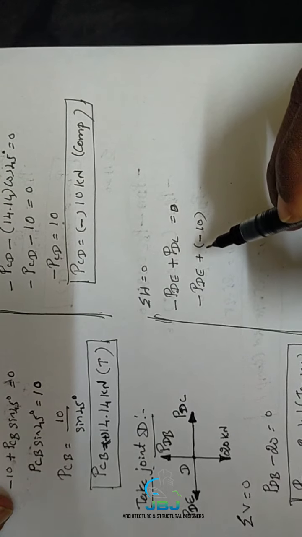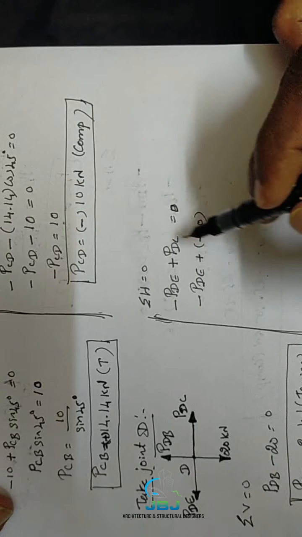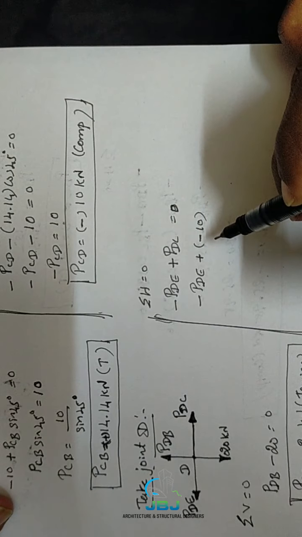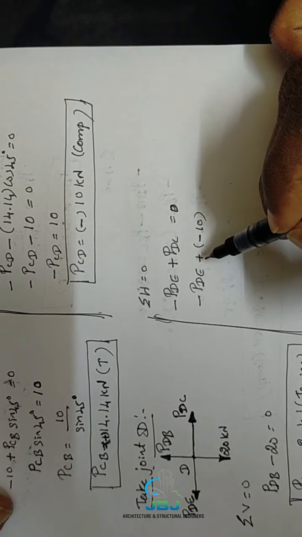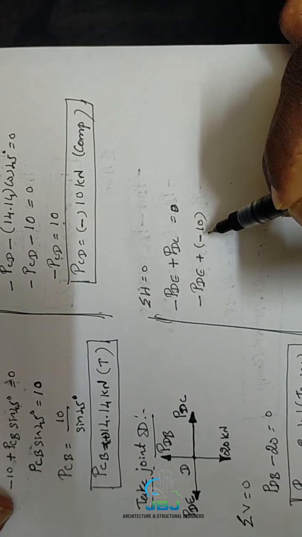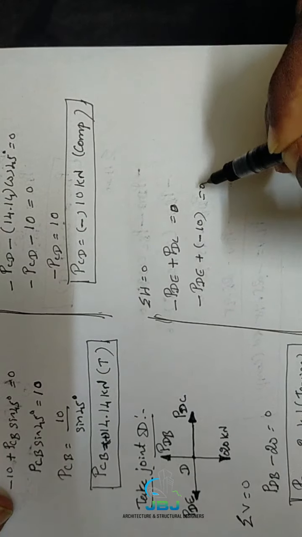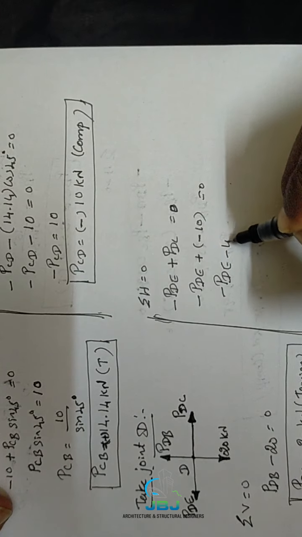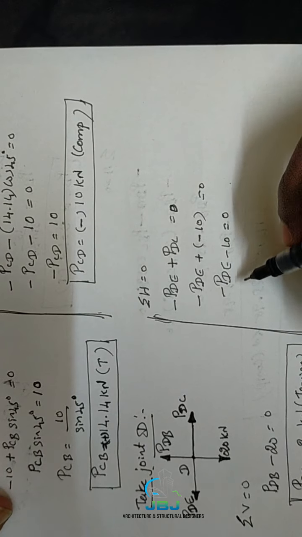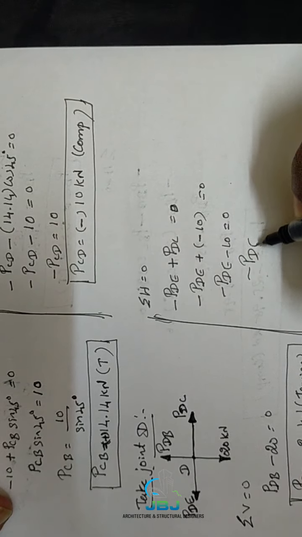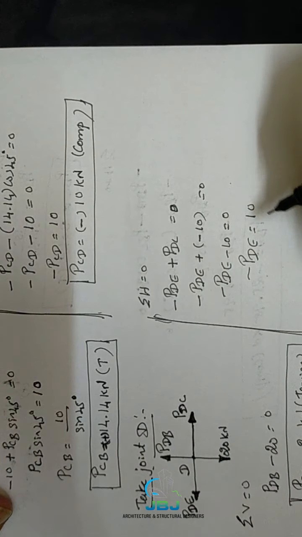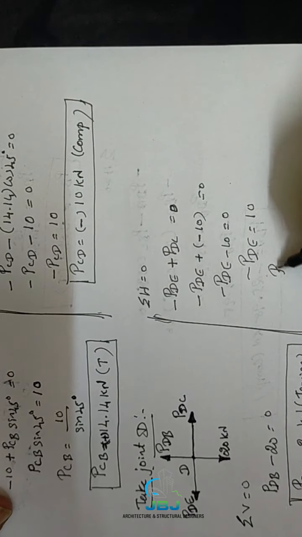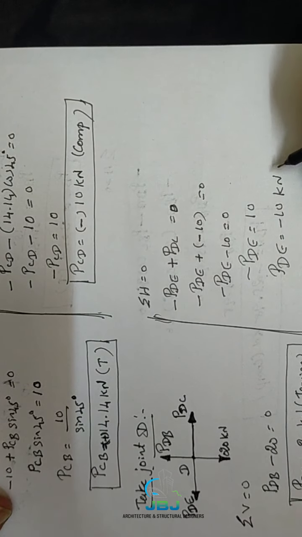First of all, you assume it is a tension member, and after that you substitute the value with its sign. Don't be confused. Plus PDC, what's the value? Minus 10. So minus PDE minus 10 equals 0. Minus PDE equals 10, so PDE equals minus 10 kilonewton.